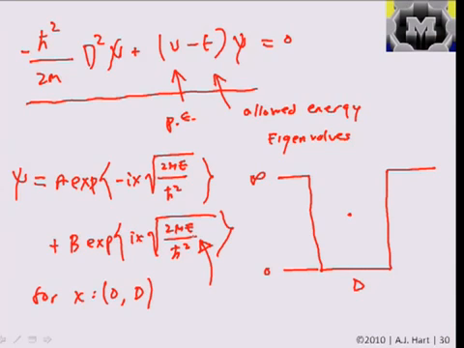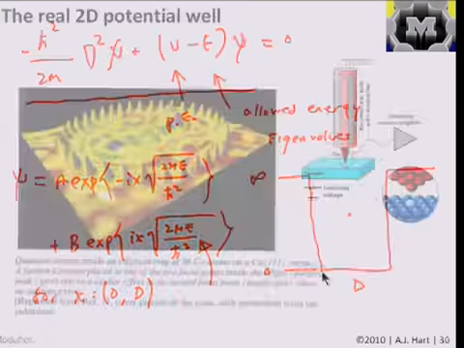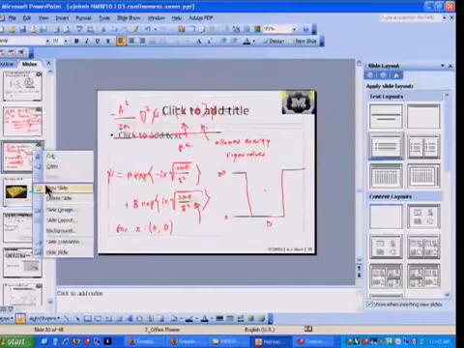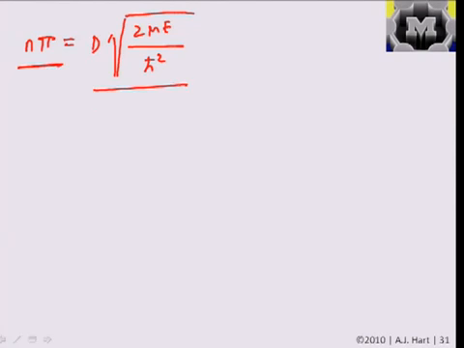So you'll see in the notes that I'll post after lecture today that we can solve this just by applying boundary conditions to these exponentials, and we can convert the exponentials to sines and cosines, and we get a simple constraint that the size of the well is constrained by an integer number of pi.